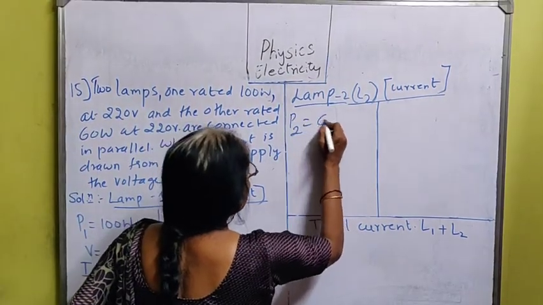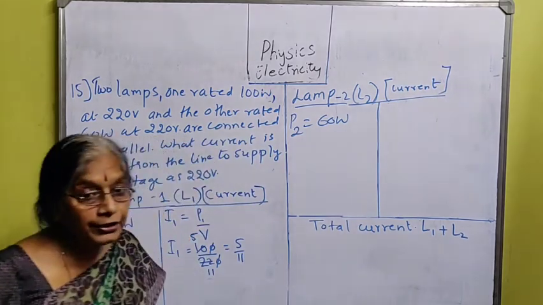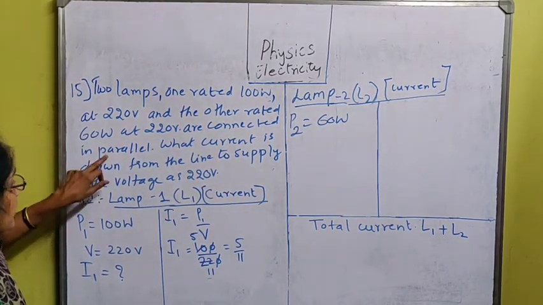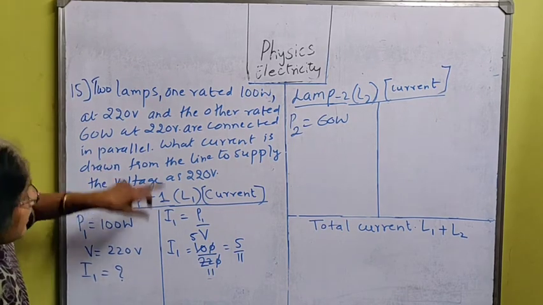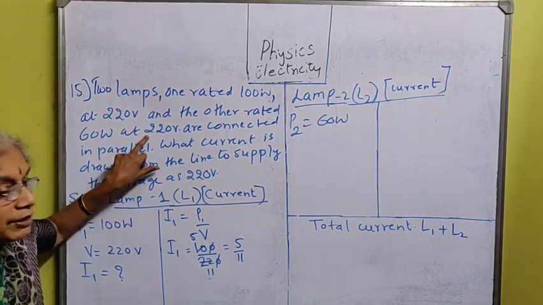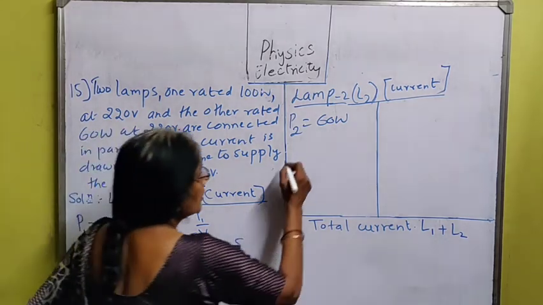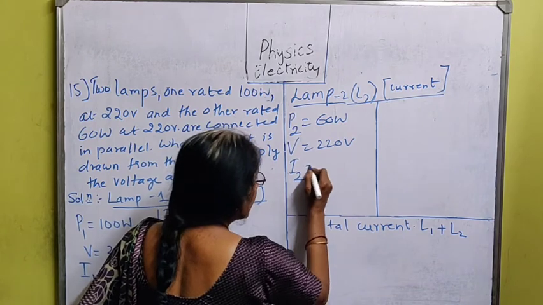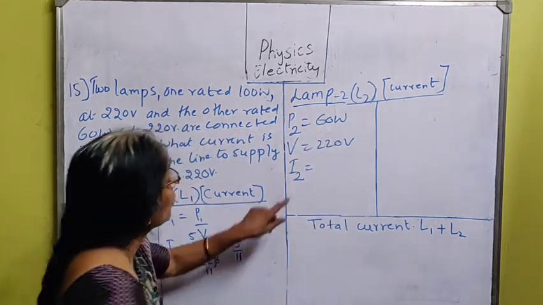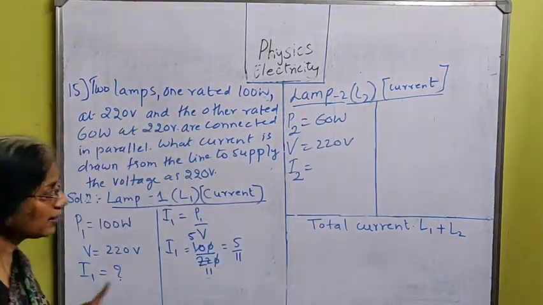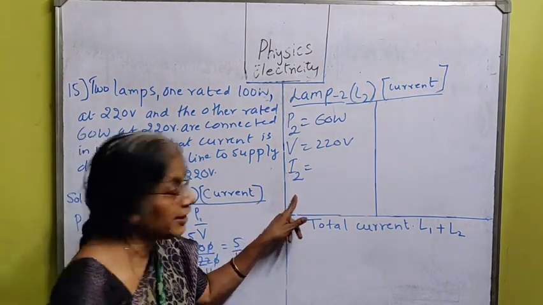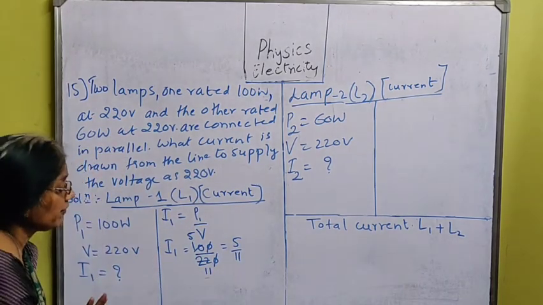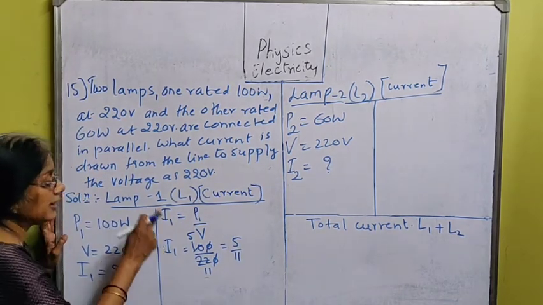So P2 is equal to 60 watt, and I already told you the potential difference is the same because it is connected in parallel. So for this 60 watt bulb also, the potential difference is 220 volt. So V is equal to 220 volt. Now we have to find the current in lamp 2. Current in lamp 1 is I1, so current in lamp 2 will be I2. So I2 is equal to question mark. Same formula we will take, instead of I1 we will write I2.